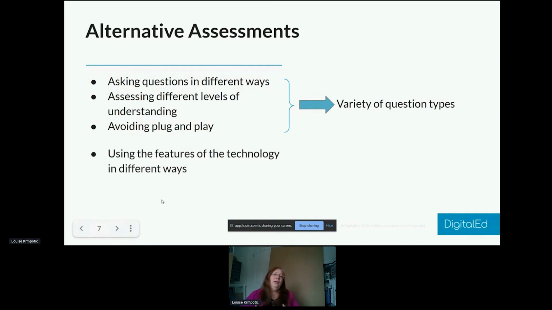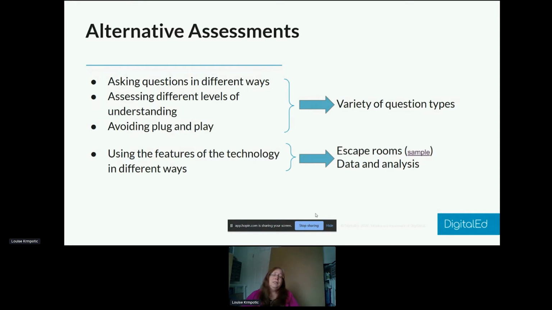The other thing that we can look at is, how can you use the features of technology in different ways? So a traditional homework assignment, there are 10 questions, the student goes through and answers those 10 questions, and then they get graded. But are there other ways we can use the technology? And one of the things that we've done, and we have as an example, is the escape room that you can actually try from the exhibit hall from our booth.